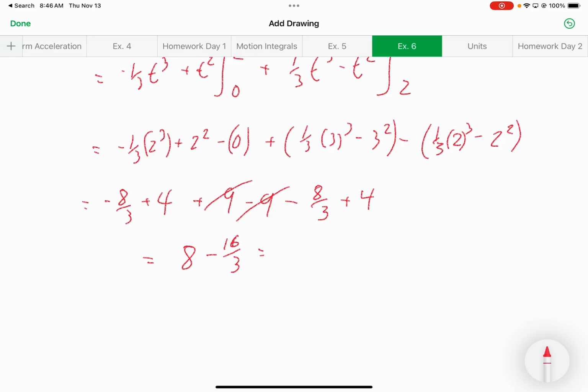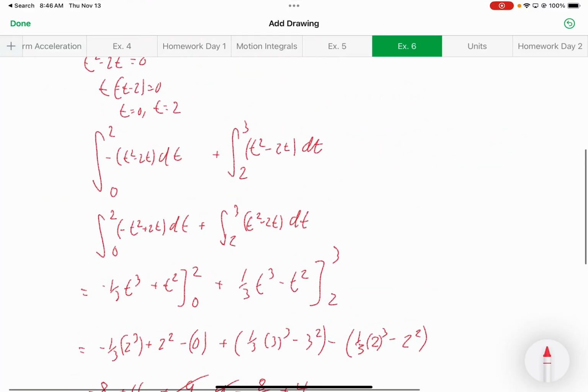So 24 minus 16 is going to give me 8/3 for my total distance traveled.